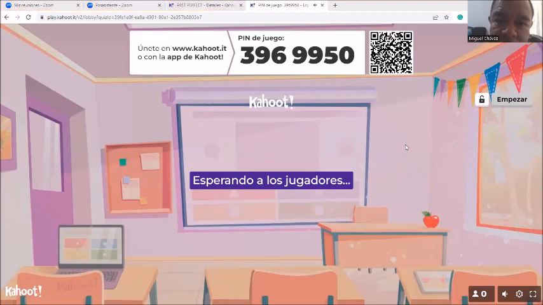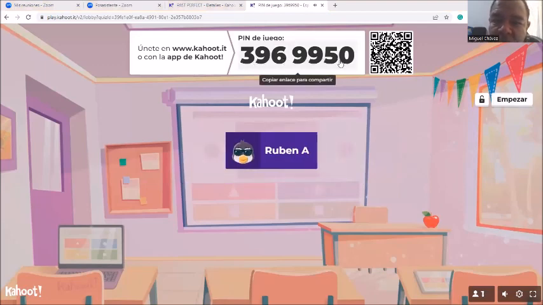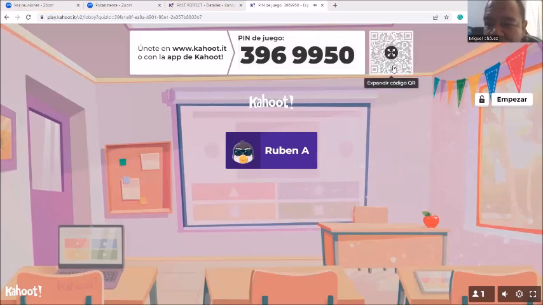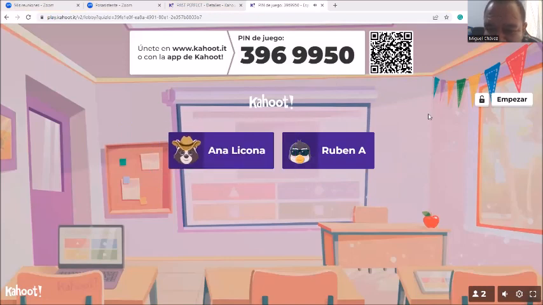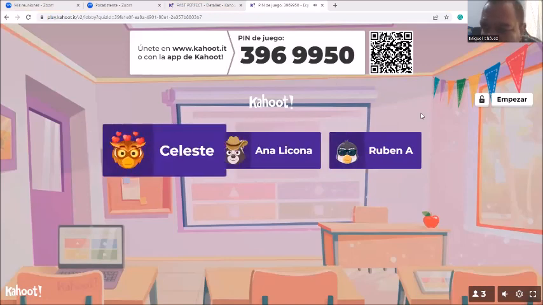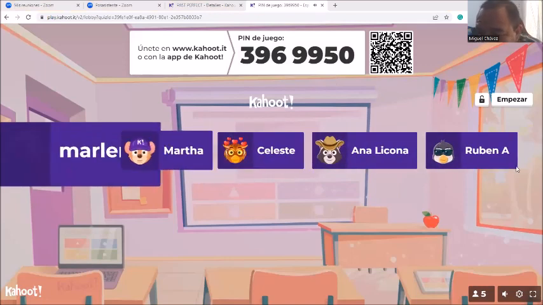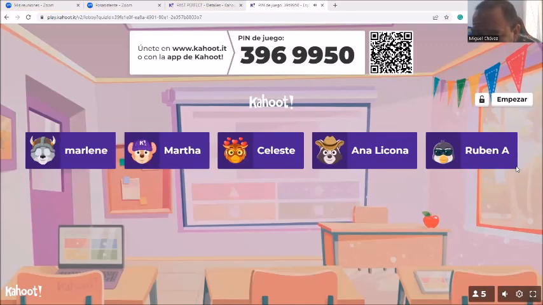Okay, the pin for this game is 3969950 or scan the QR code next to this pin, please. Thank you so much, Ruben, Ana, Licona. Thank you, all of you.